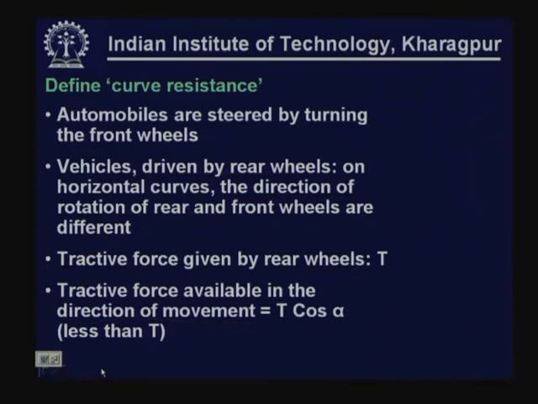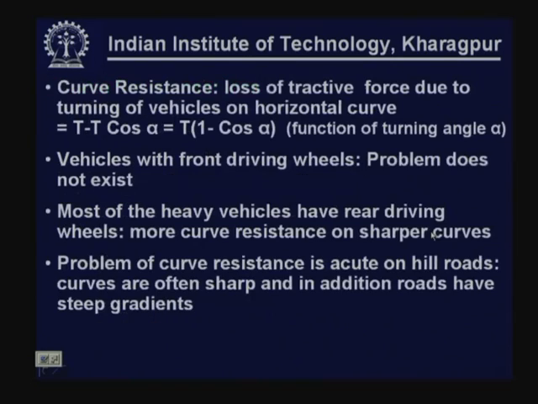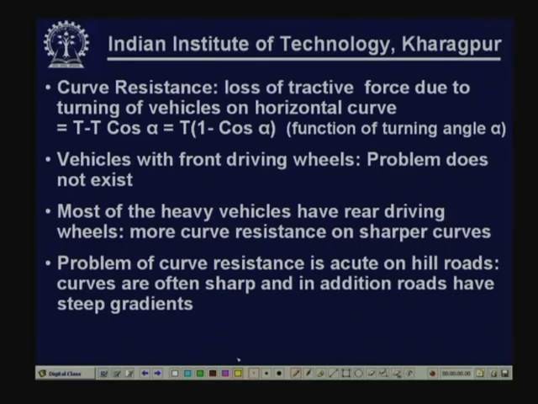So, what is happening? Because of this curve, there is a loss of tractive force. That amount is T minus T cos alpha, or T into 1 minus cos alpha, which is a function of the turning angle alpha.